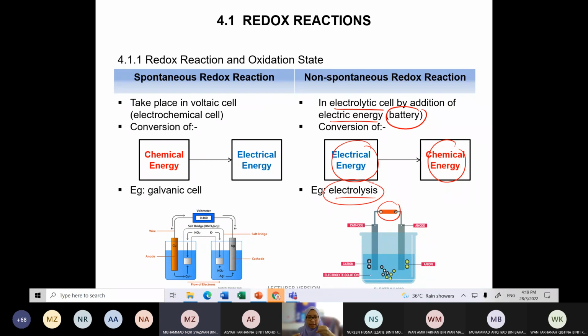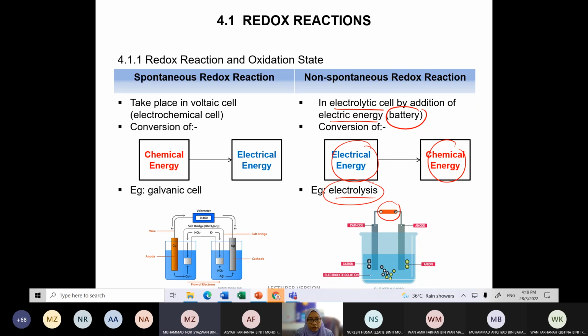They pump the electron out, and from that it will cause the cell to start ataupun to function lah, for the transfer of electron. It's okay. This one will be covered later in the slides, at the end of the topic.